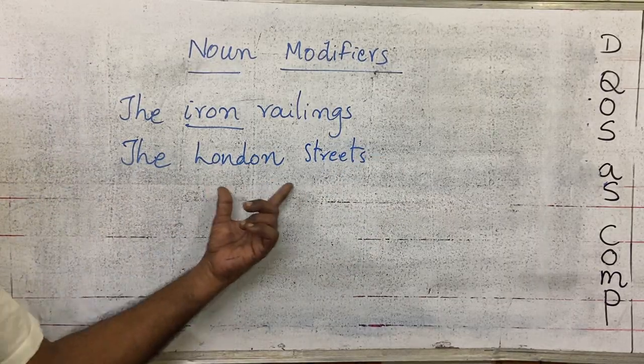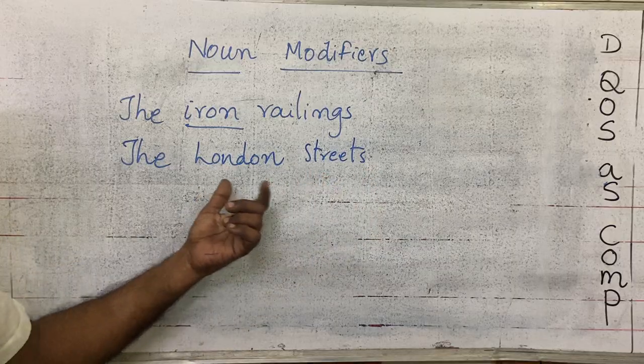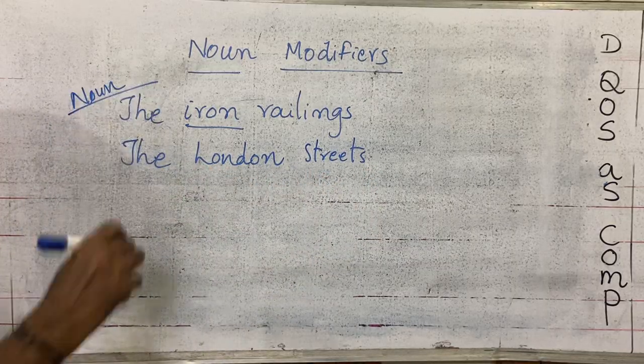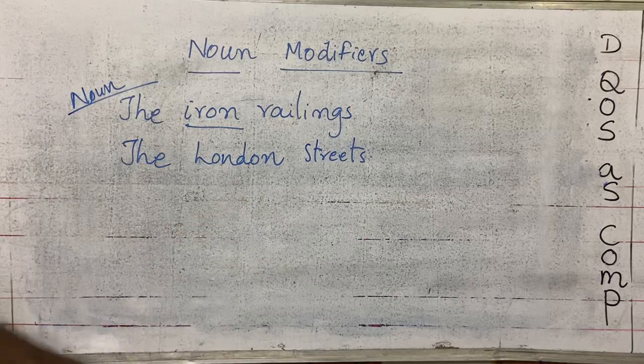Like this, noun and another noun, both nouns are there. In that way also, a noun can modify another noun. It's one way. Not only that, adjectives also modify another one.